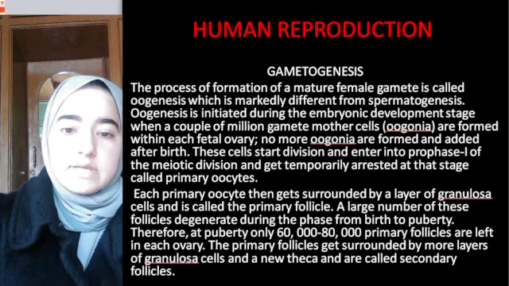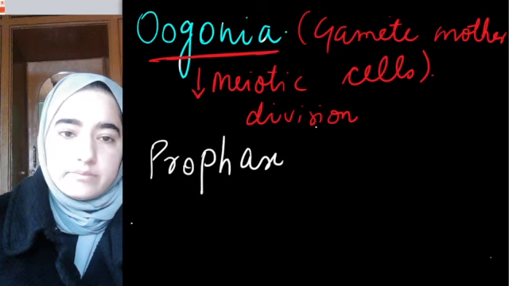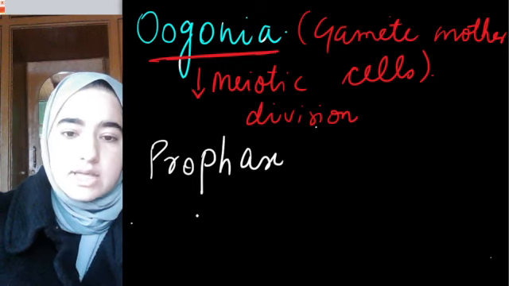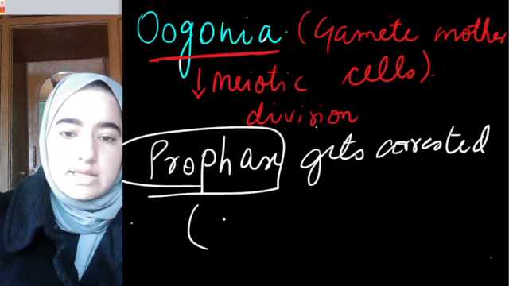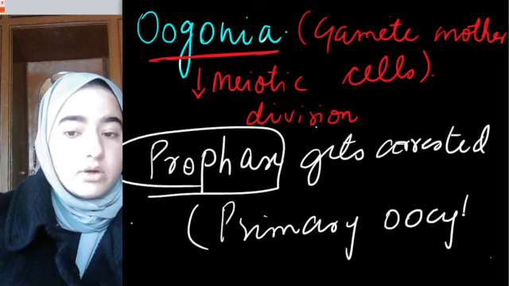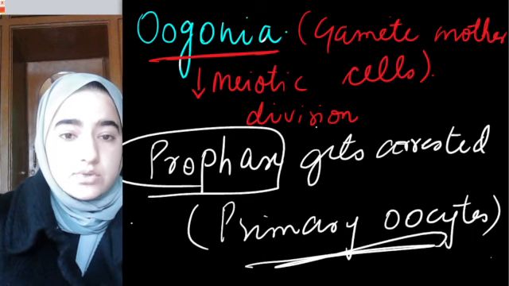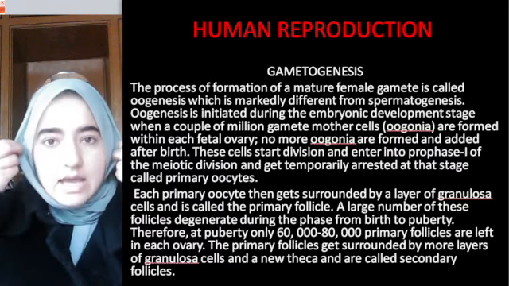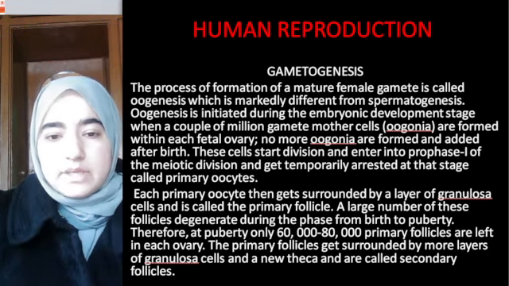Those cells are no more called oogonia; they are known as primary oocytes. In males, after meiosis 1, those cells were known as primary spermatocytes, but here they are known as primary oocytes.